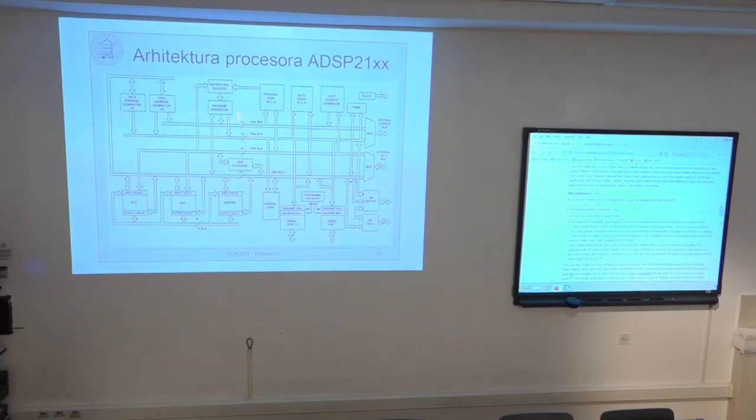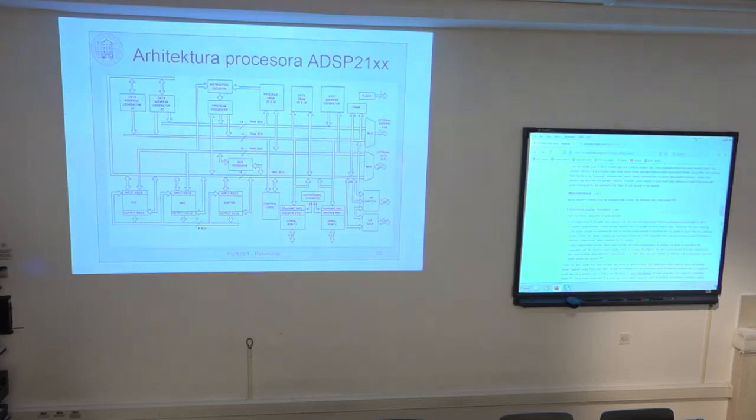We will show this program sequencer later on in more detail. So if I'm in the phase when I'm addressing the instruction from program memory, this address comes from here, a 14-bit address. And if I'm in the second phase when I'm addressing the data from program memory, the address comes from this data address generator number 2.